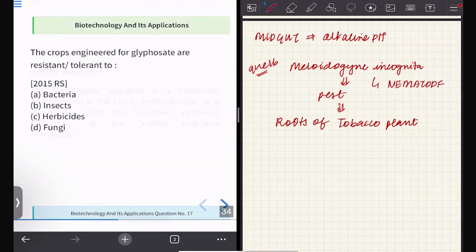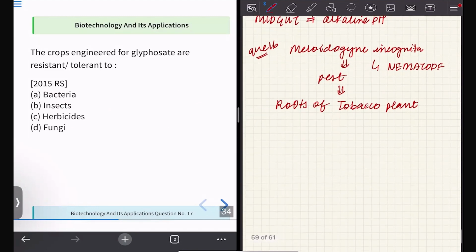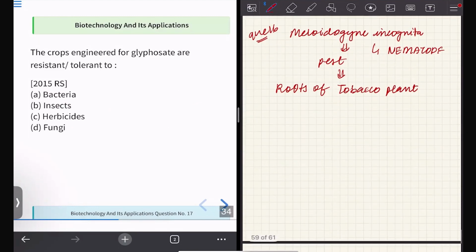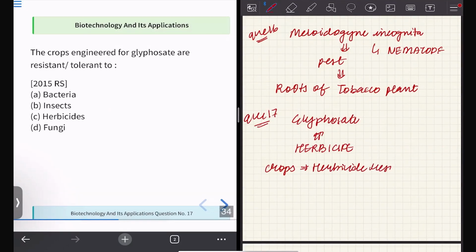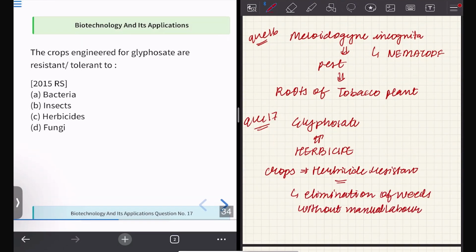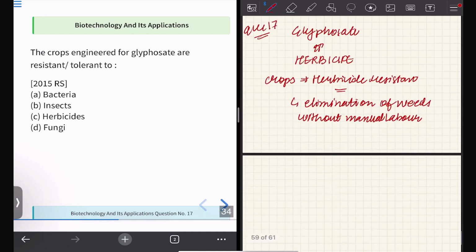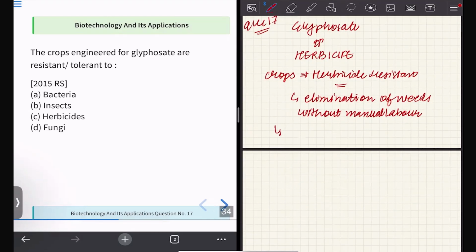Moving on next, we have the crops that are engineered for glyphosate resistance. Glyphosate is actually a herbicide. So these crops are herbicide resistant. What is the benefit of these crops? That there will be elimination of weeds without manual labor. And there would be no accumulation of herbicide in plants.